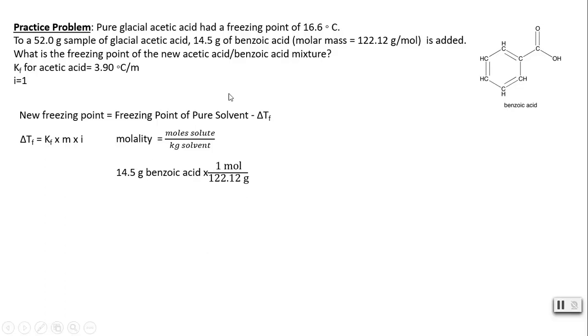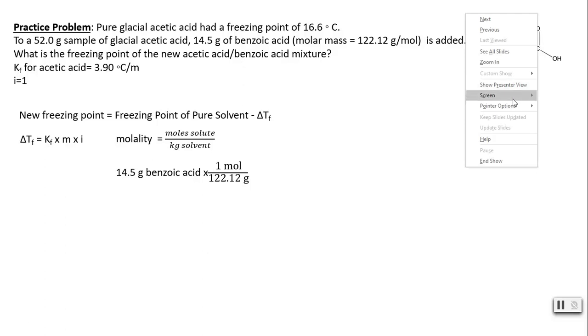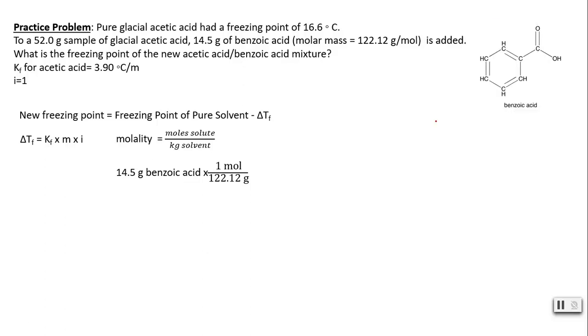I'm first going to find my moles of solute, specifically the benzoic acid, by taking my grams of benzoic acid and using that molar mass, writing that appropriately so my gram units cancel. I'm left with my moles of solute. I need to take that and divide by my kilograms of solvent, which is the acetic acid.